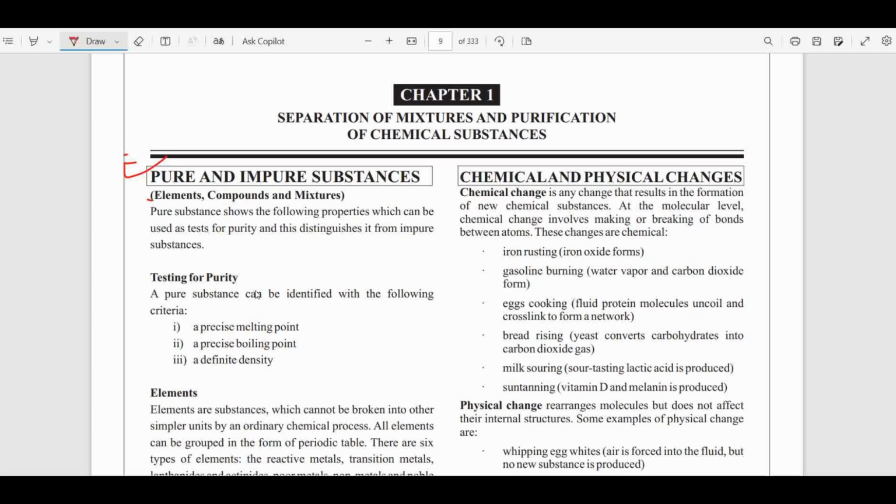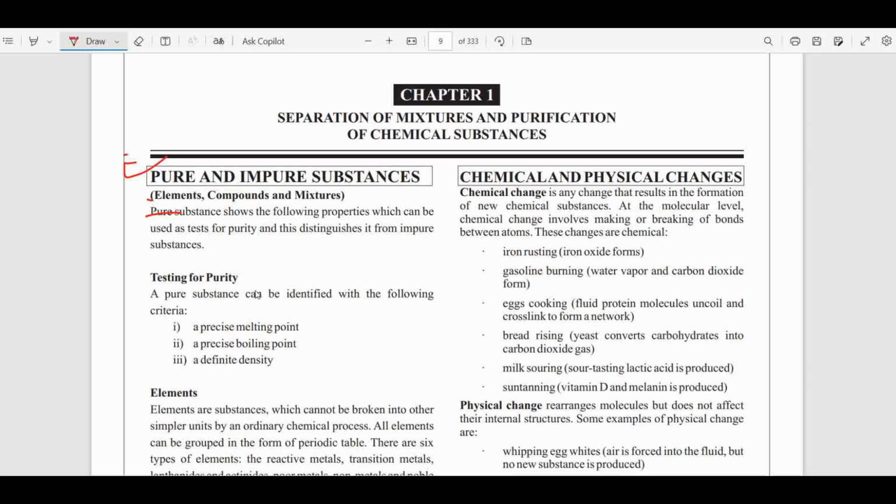Now, what is a pure substance? Of course, a pure substance would have no impurity. So the absence of impurity in any substance makes it pure, and that is what distinguishes it from an impure substance.